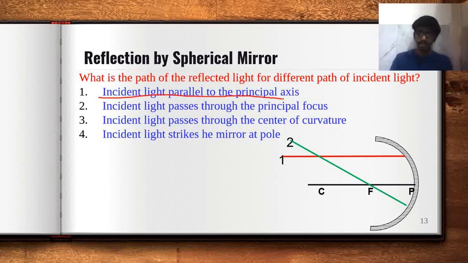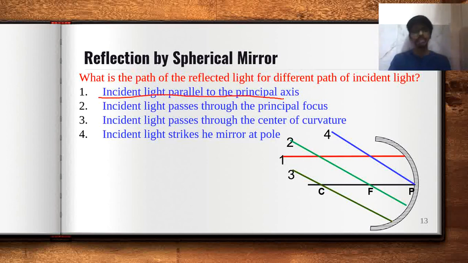Third, if it is passing through the center of curvature, then what will be the reflected ray? And fourth, if it strikes the principal axis at the pole, then what will be the reflected ray? Now we will discuss one by one.